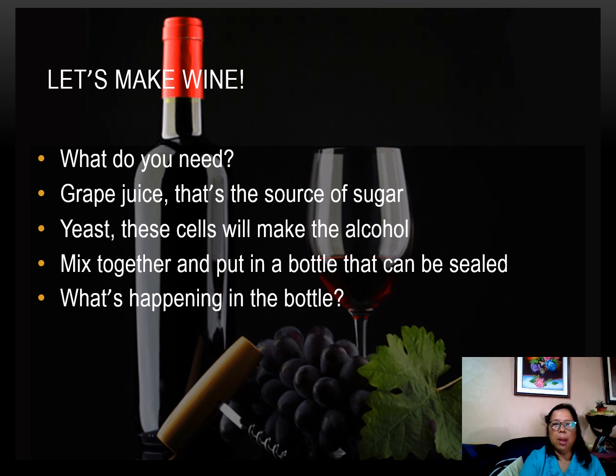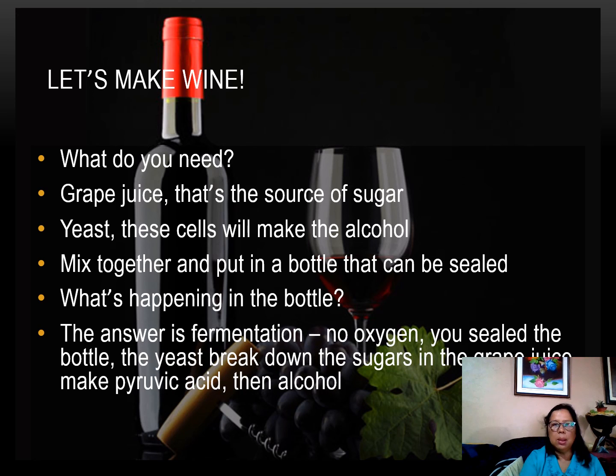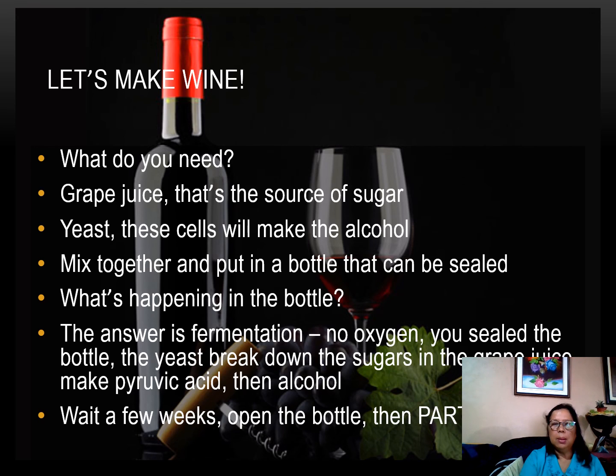So it does not require oxygen. So what is happening in the bottle? It is fermentation. So this is all for this meeting. Then we will be discussing the other part of metabolism.